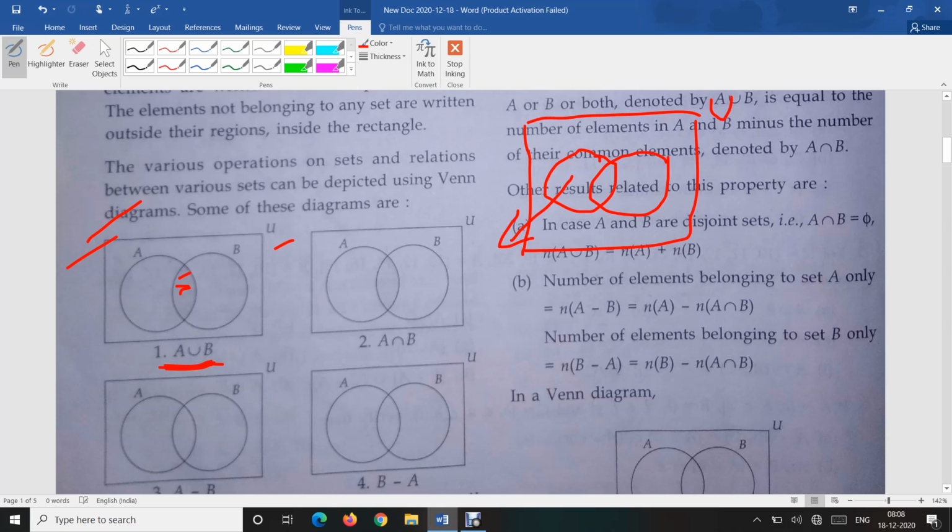Suppose this is the set A, this is the set B, and this will be the common portion of A and B.